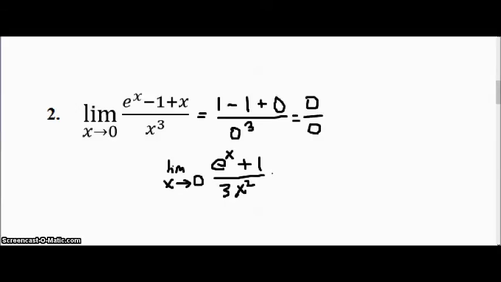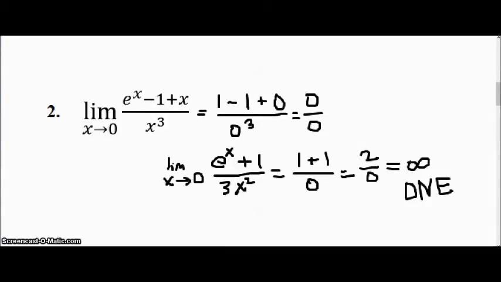Substituting in 0 for this, we get e to the 0, which is 1, plus 1 over 3 times x squared, which is 0, which ultimately turns into 2 over 0. Now, we must remember that it's x approaching 0 and not x equals 0, which means that we can think of it as 2 over an arbitrarily small number, which then we get is infinity.